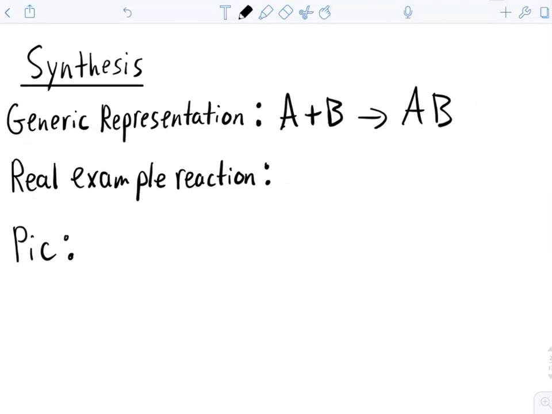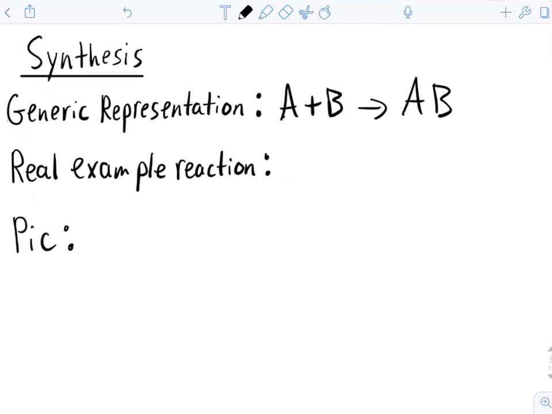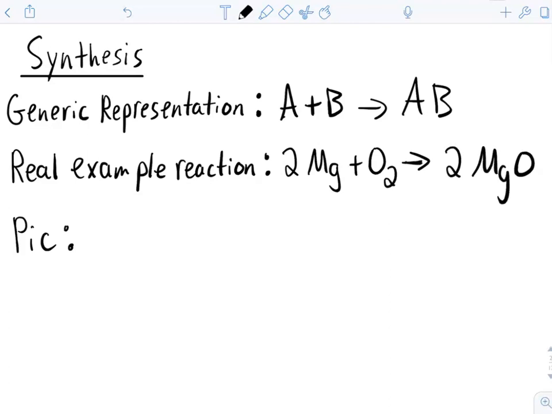And you might be like, well, what is that? So a real life example of this would be 2Mg plus O2 yields 2MgO. And now those numbers are just coefficients in front of our elements and compounds.